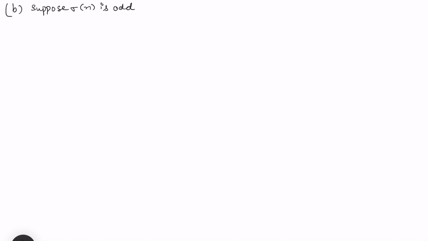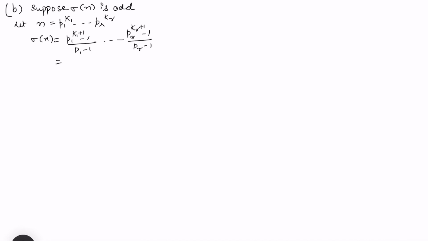If sigma n is odd, again let me first take the value for n. This is some prime factorization, and we know by definition of sigma n, it is p1 to the power k1 plus 1 minus 1 upon p1 minus 1 and so on, pr to the power kr plus 1 minus 1 upon pr minus 1.